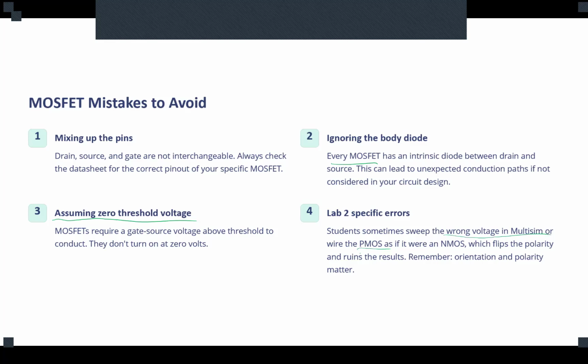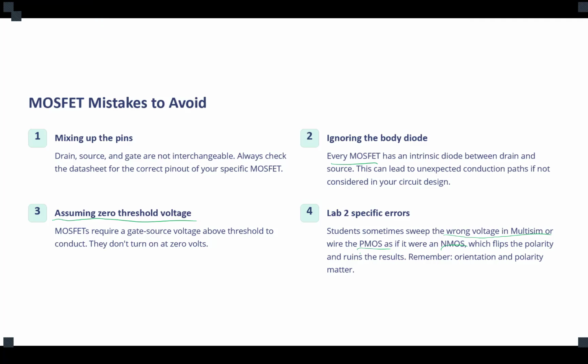Also be careful about what type of MOSFET you use. If you're using PMOS or NMOS, it would change the direction of the current. And we know by the basic laws of electricity, the current goes from high potential to low. That means the polarity of VDS in PMOS and NMOS is changed.